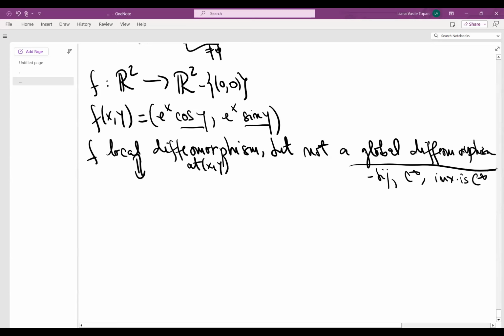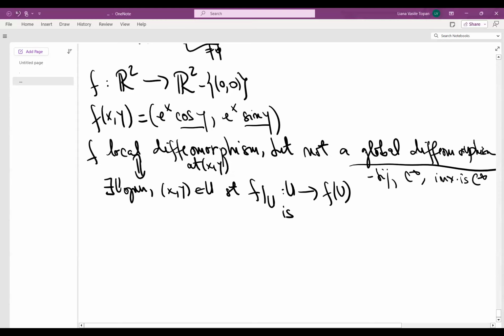If it's a local diffeomorphism, if locally it is a diffeomorphism, this means that we can find a neighborhood, an open set containing this point, such that the restriction of F to this set, defined such that this is onto, is a diffeomorphism. So locally it is a diffeomorphism.